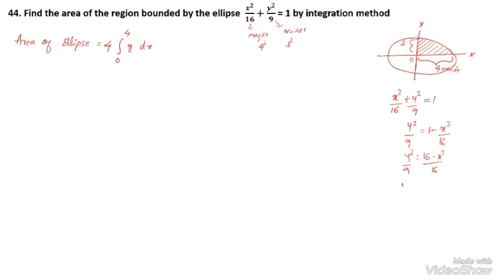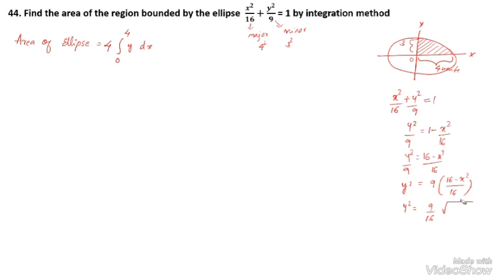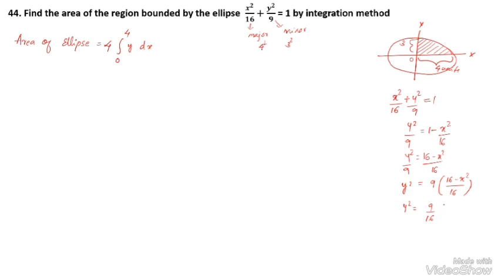We have y squared equal to 9 into 16 minus x squared divided by 16. So taking 16 as common, that is 9 by 16 into 16 minus x squared, while taking square roots.